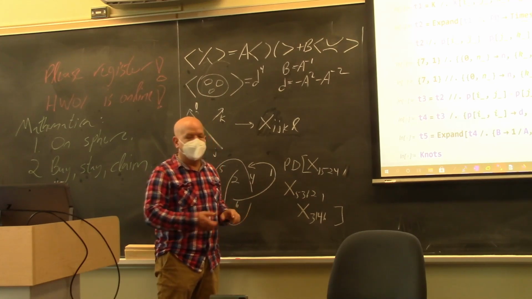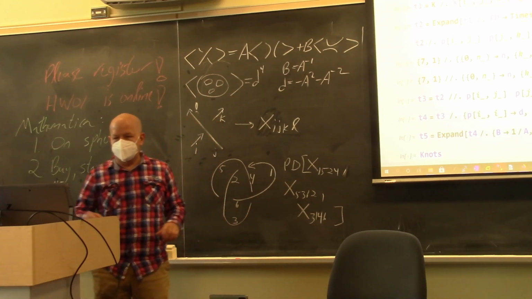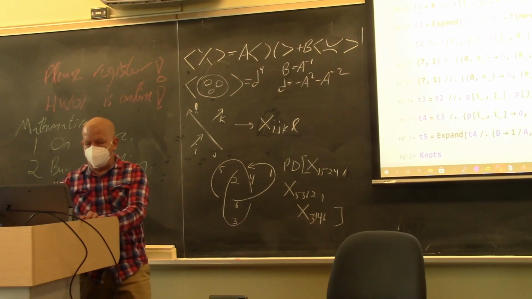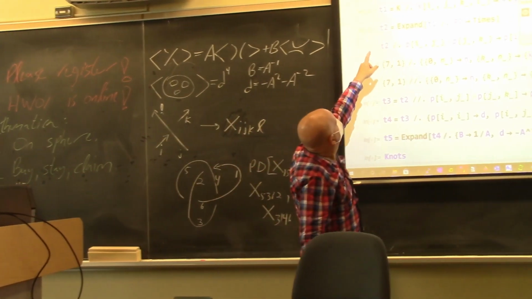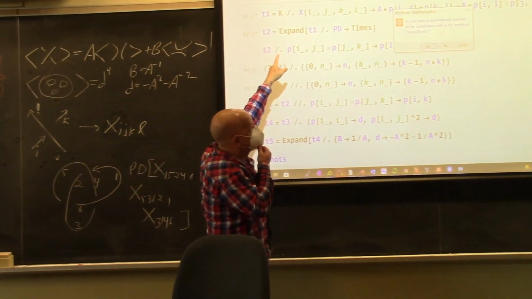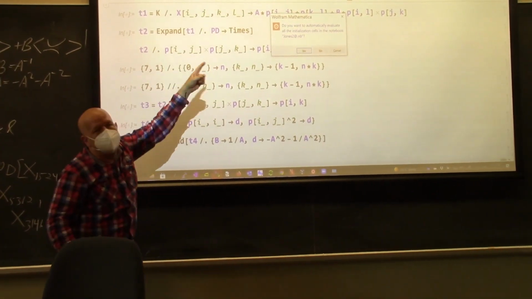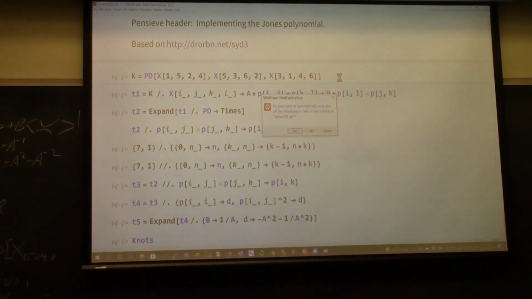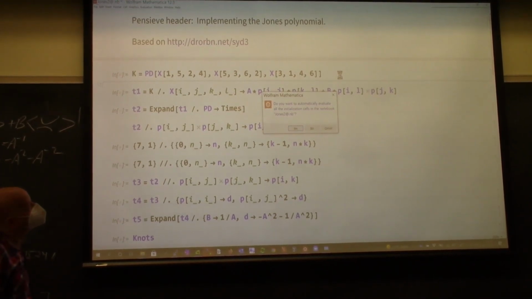And we've already started computing the Kauffman bracket, so let me just redo it. So first of all, where's the mouse? Here. So first of all, I execute the first line, which sets K, the knot, to be PD and then this in a computer readable format.